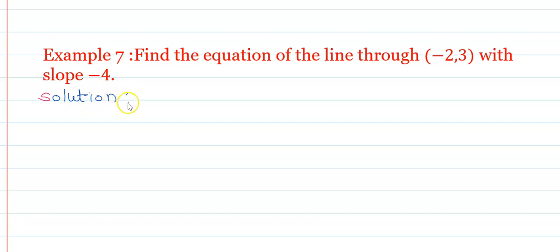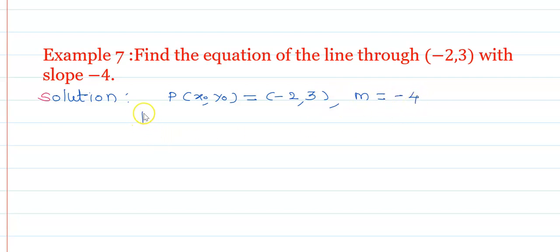Here we know the slope as well as the point. Then what is that point P(x0, y0)? It is (-2, 3). And what is the slope? m = -4.